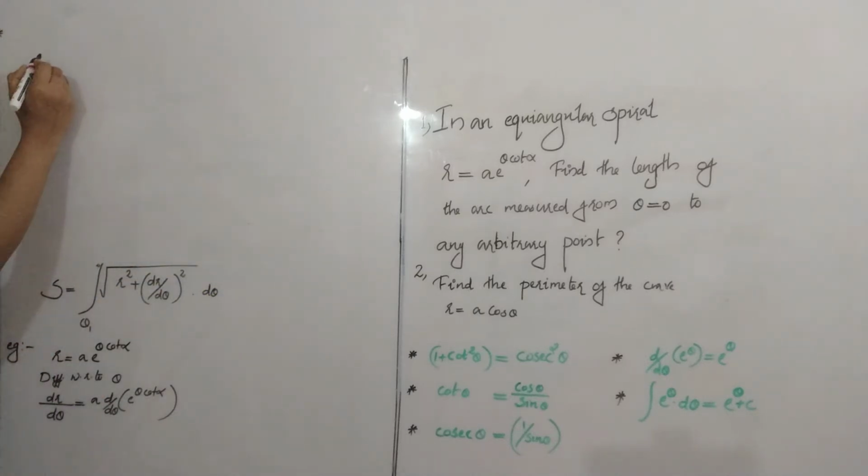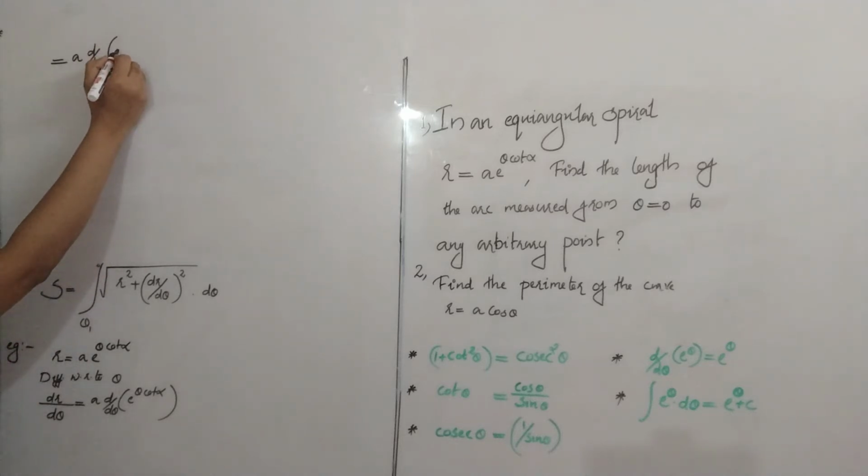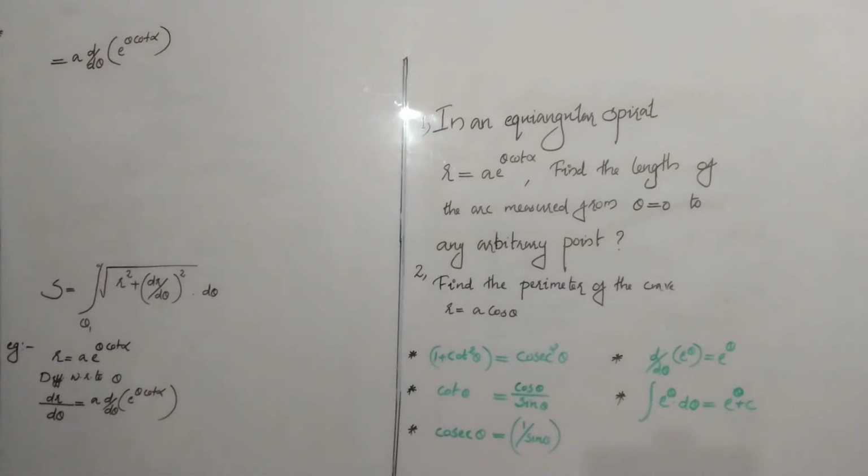Now a into d by d theta of e raised to theta cot alpha. We know that d by d theta of e raised to theta is e raised to theta itself. Instead of e raised to theta, we have e raised to theta into cot alpha.